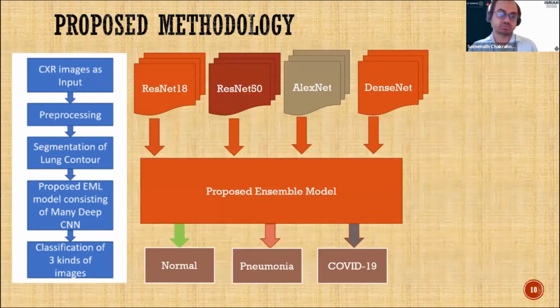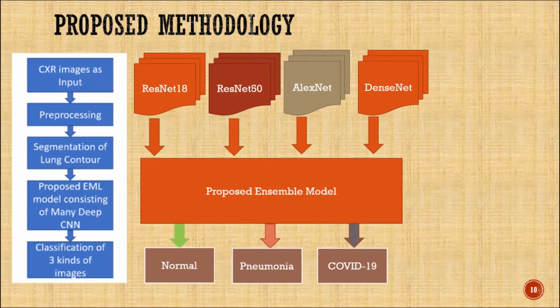So basically, I use four deep neural network models: ResNet 18, ResNet 50, AlexNet, and DenseNet. These are, you can say, the benchmark deep neural network models currently available. While ensembling, the advantage is that if we use only one network, it may have local biases or local minima problems that may lead to inaccurate results.